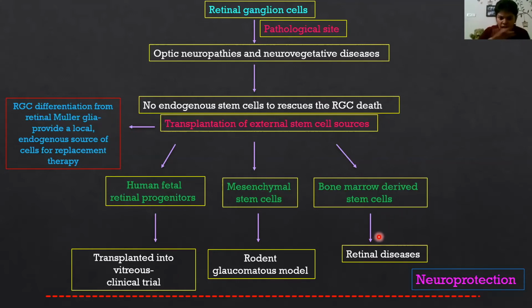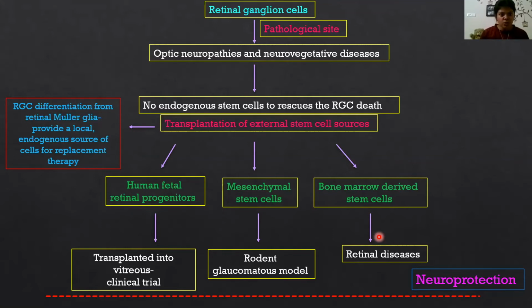So as a baseline, I can say neuroprotection was observed in one clinical trial and in other retinal diseases where they transplanted the stem cells. There were many studies, so I just tried narrowing down. I don't want to crowd my slide or dump a lot into your head. So this is on RGCs.